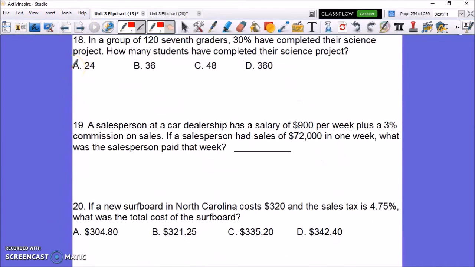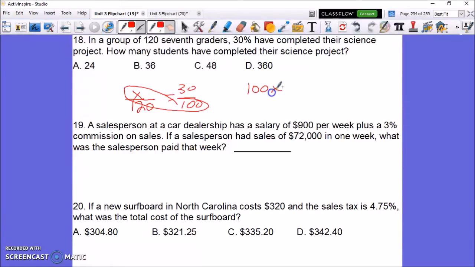All right, 18. In a group of 120 graders, 30% have completed their science project. How many students have completed their science project? So 120 is our total, our whole. We don't know our part, because that's what we're looking for. But we know 30 goes over 100. So now we're cross multiplying.